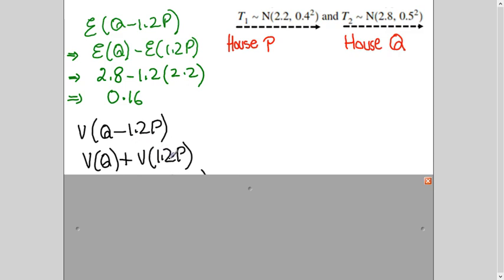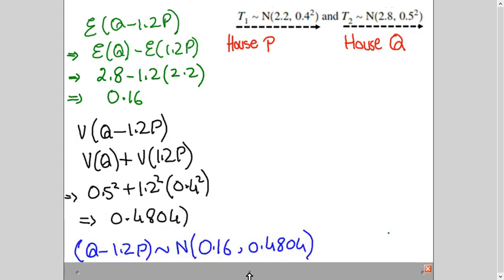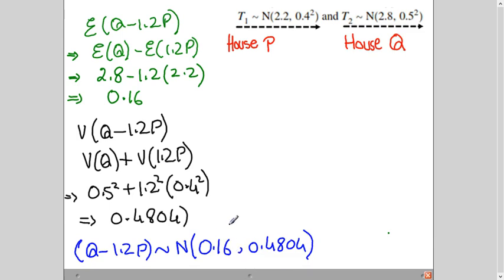When it comes out as a multiplier, you will square it, right? So variance of Q you will pick up from here. It is 0.5 squared. Then variance of P is 0.4 squared, and this is squaring because of the formula I have shown you. So now you have the variance and mean for Q minus 1.2P.